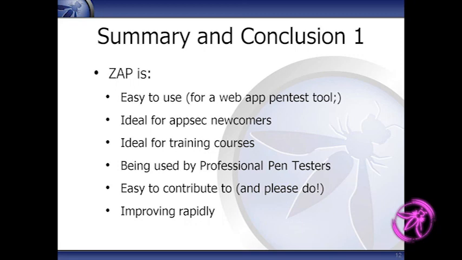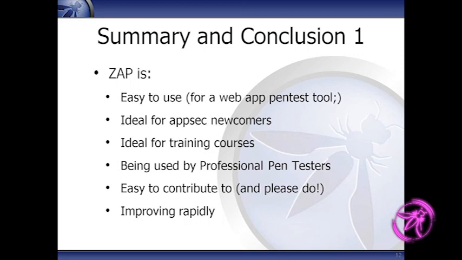I know various people are using Zap in training courses right now. So that's great, and I want to encourage that. I see Zap as a tool to help people learn about application security. That's what I really want it to be. But it is being used by professional pen testers right now, so it can be quite a hardcore tool if you really want to get involved with that.